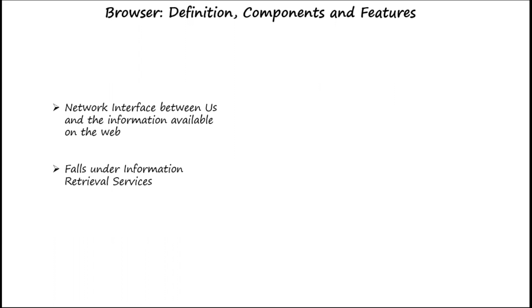Whenever we go to the browser and search something, we are consuming information in one way or the other. That information can be in the form of web pages, texts, images. The information that we are consuming is possible only through information retrieval services. That's why it's called a service, and the browser is a part of the information retrieval service.